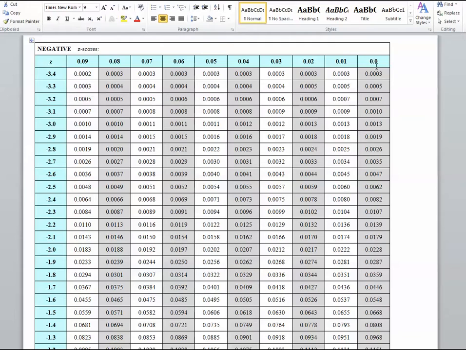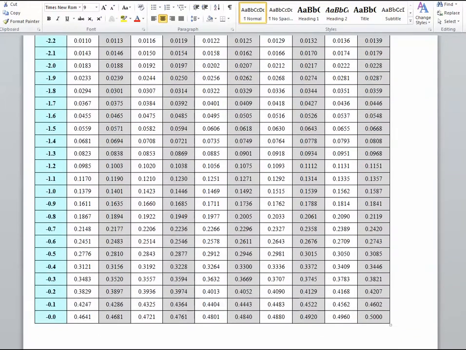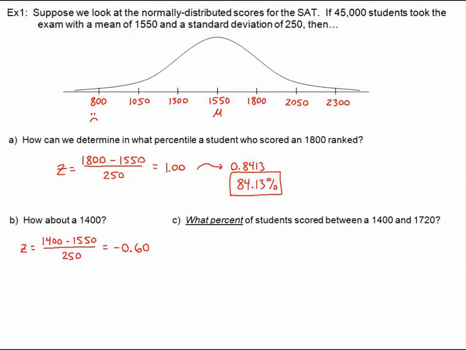So we're looking at the far right cell. Negative 0.60 is all the way right here, which is 0.2743. So this corresponds to 0.2743. Move my decimal point 2 units, and I've got 27.43%.